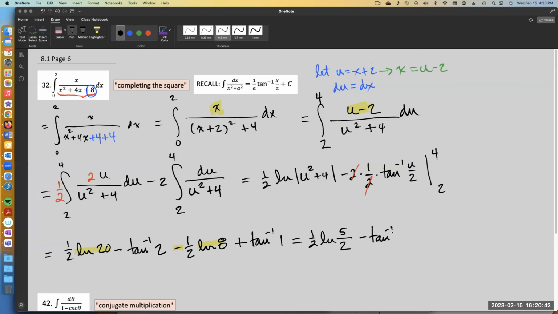Minus arctangent of 2 plus, what is arctangent of 1? Pi over 4. Arctangent of 2 is not a special angle, so that can't be simplified.